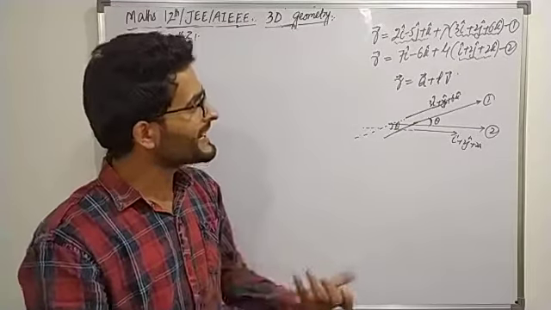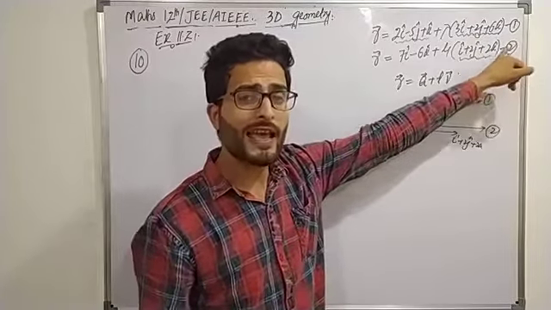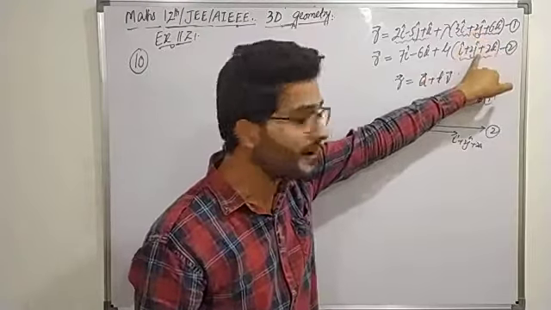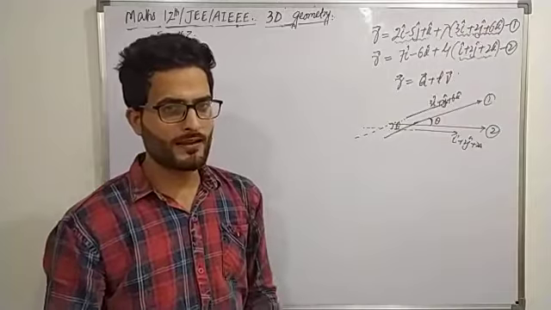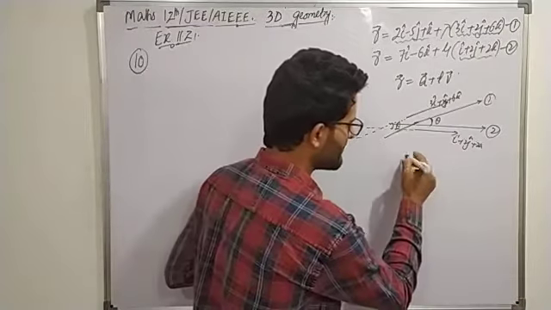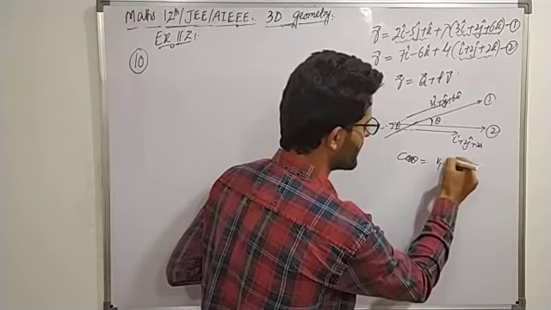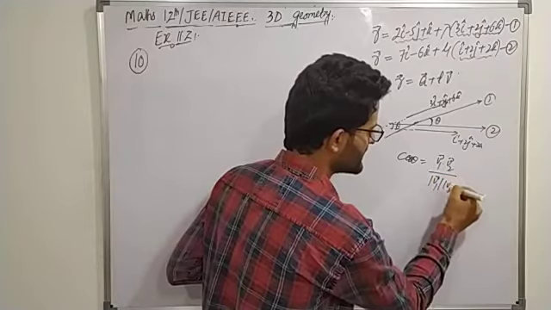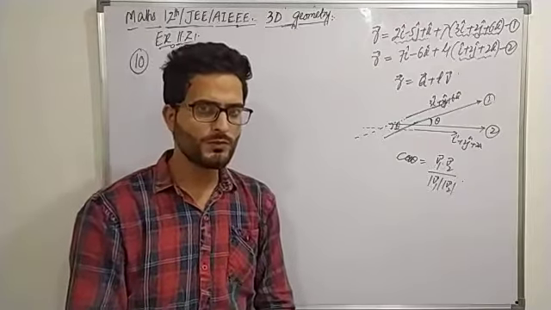So if theta is the angle between the first and second lines, then theta is the angle between their parallel vectors v1 and v2. And the angle between two vectors, that we have learned, what is it equal to? It is calculated by the expression cos theta is equal to v1 dot v2, the dot product of the vectors, divided by the product of the respective magnitudes, that is magnitude of v1 into magnitude of v2, right?